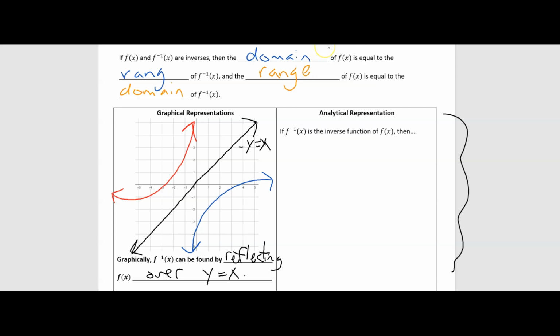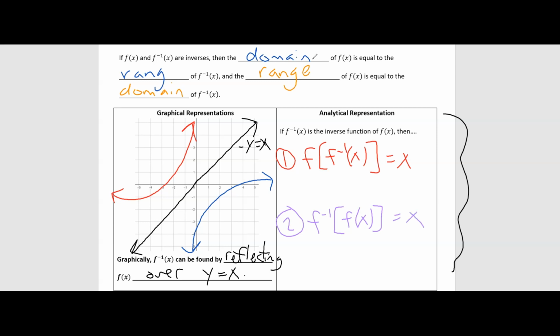So this relationship right here: if f inverse is the inverse function of f of x, then two things are true. f of f inverse of x is equal to x, and f inverse of f of x is also equal to x.